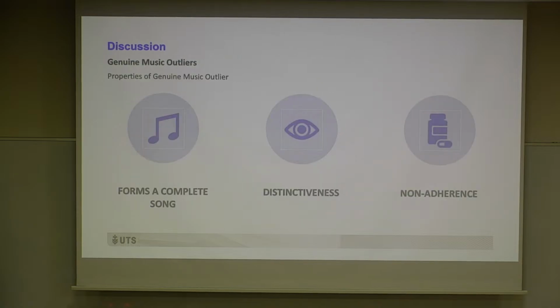For the property of the general outliers, we found that to form a genuine music outlier, they must have three properties. Firstly, forms a complete song, distinctness, and they should also be non-adherent.